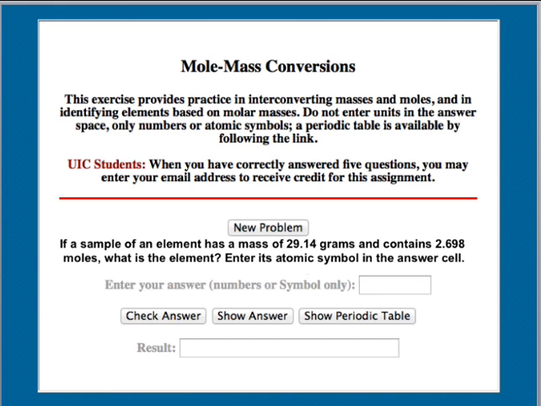What is it? How are you going to do this? We are given mass and moles, right? If we take mass and divide it by moles, we get molar mass, right? All we have to do is look at our periodic table and match up our molar mass.